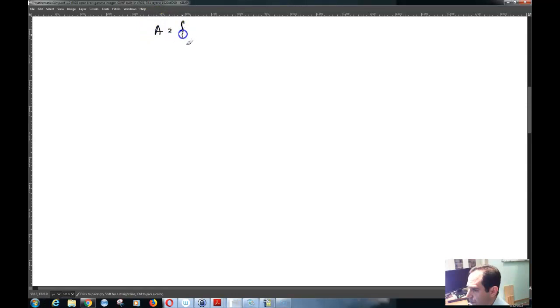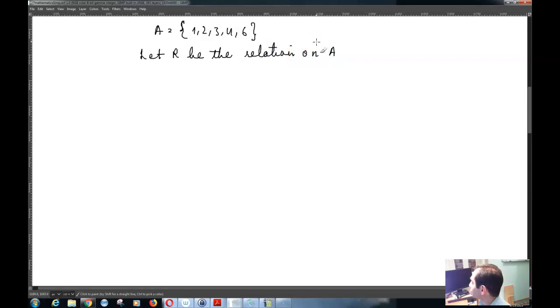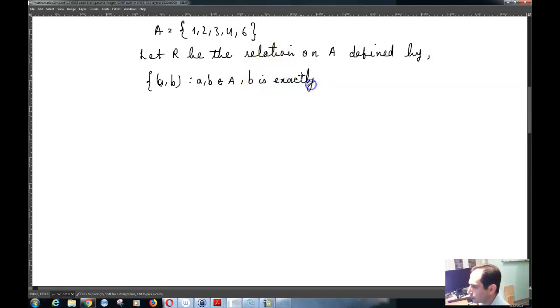And let R be the relation on A defined by {(A, B) such that A and B belong to A, and B is exactly divisible by A}.